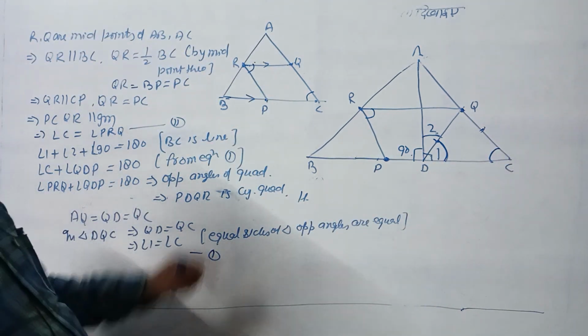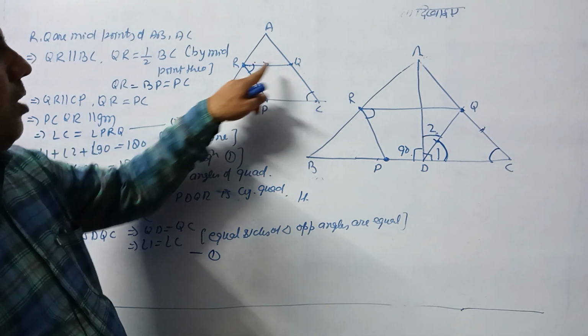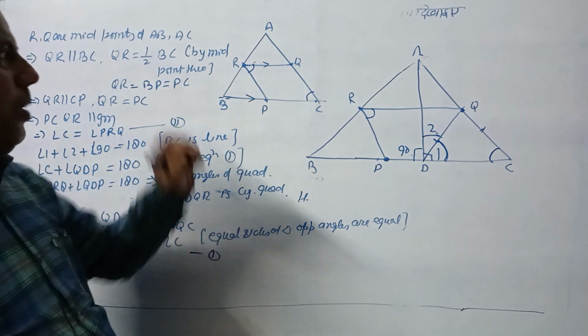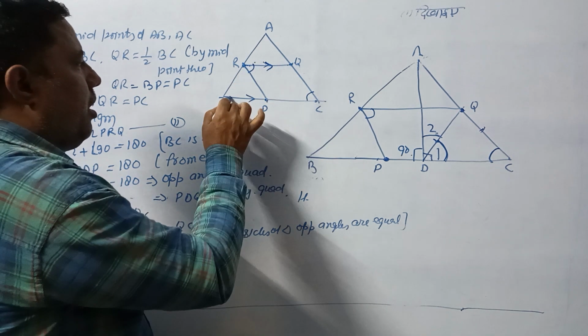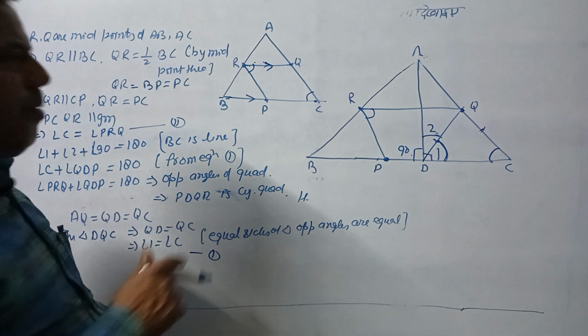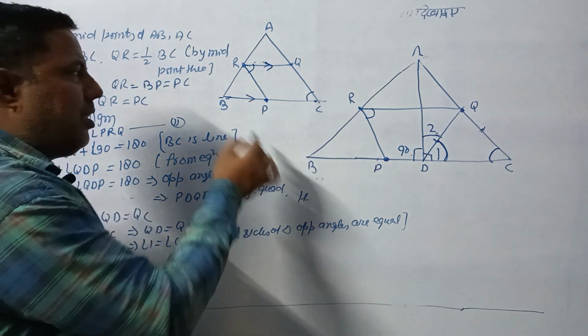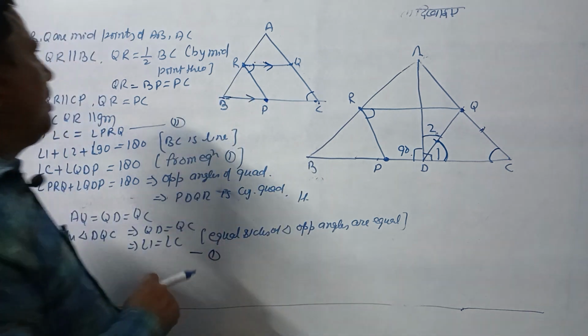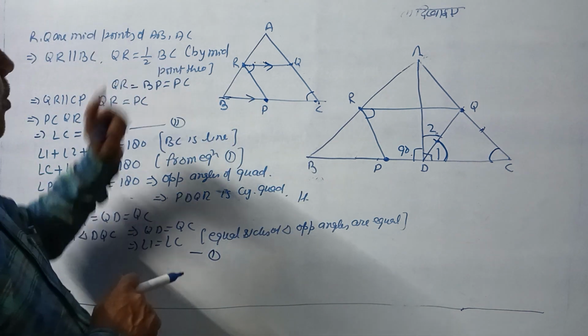Also we know that the line joining the midpoints of two sides of a triangle is parallel to the third side and half of it. Then QR parallel to BC and QR equal to half of BC. P is the midpoint, so half of BC is BP or PC.